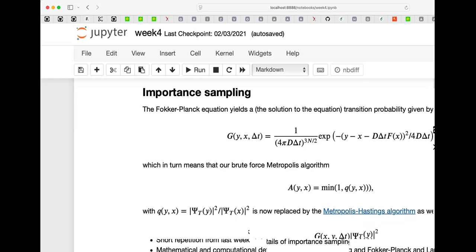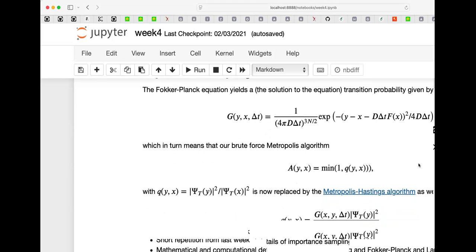And this is given by something which is a Gaussian lookalike, and we will see why this is a Gaussian. And what we need to calculate then is this ratio here. And that means that we need to calculate the gradient of the probability distribution or the wave function.